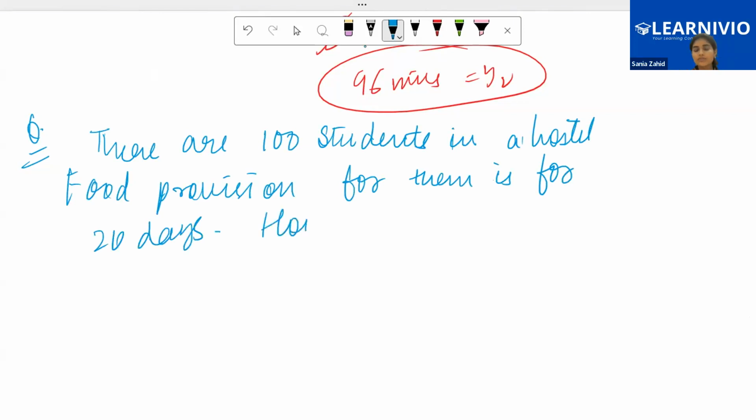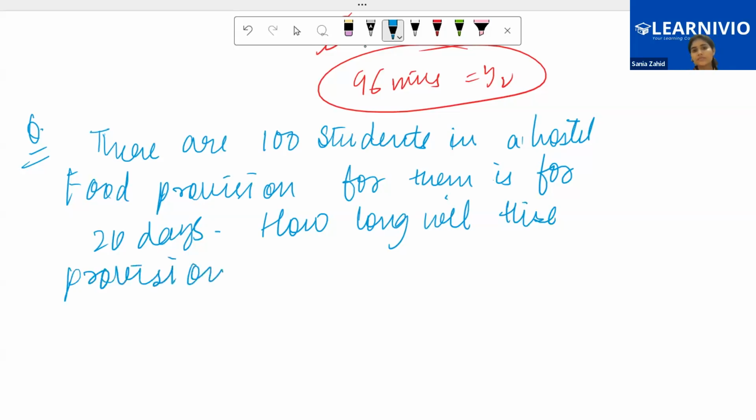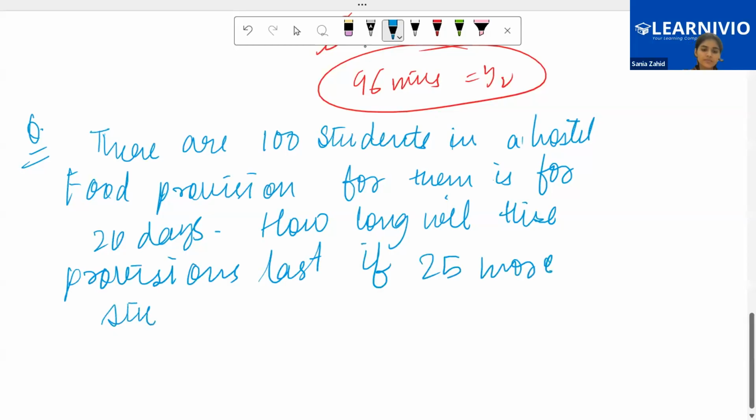How long will these provisions last if 25 more students join?